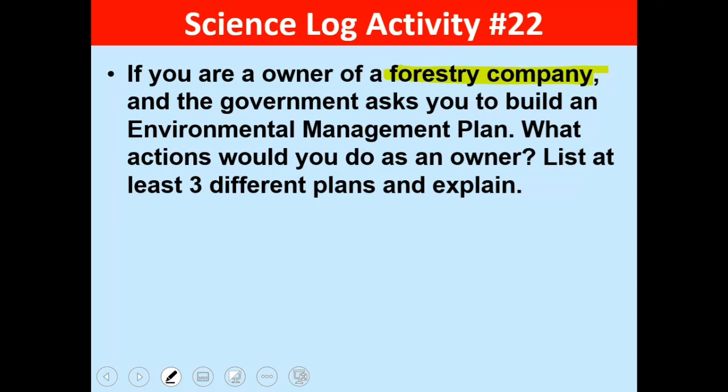And the government asks you to build some kind of environmental management plan. What kind of action would you take or would you provide to the government as the owner of the company? I want you to think about three different plans and I want you to explain them.